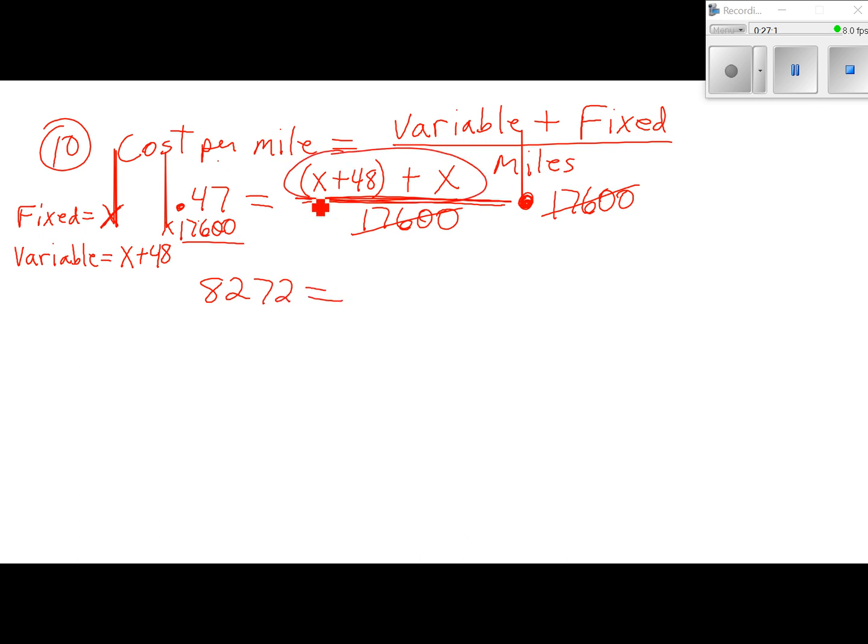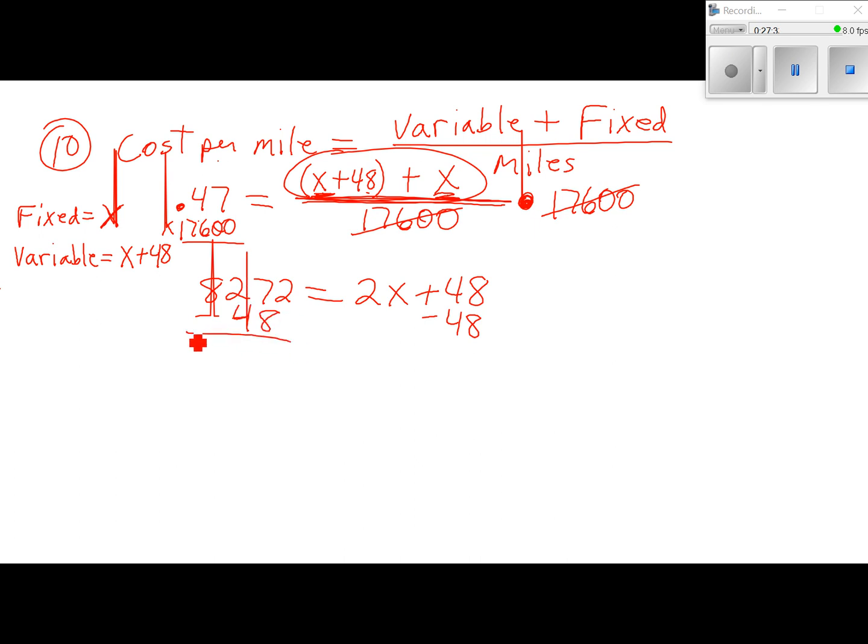I'm going to drop these parentheses because they're sort of unnecessary. So it's X plus 48 plus X. Well, we can combine the X's, so that's going to be 2X plus 48. Then I'm just going to solve the rest of the way out. Subtract 48 on both sides.